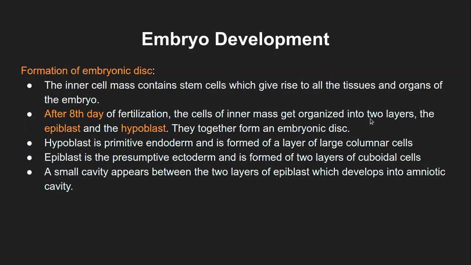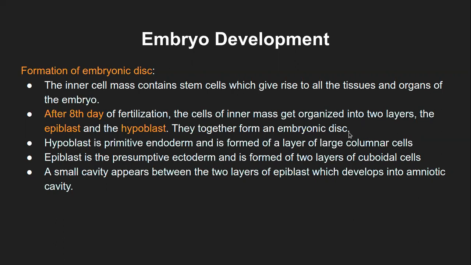Let's say there were 32 or even 64 cells, they will organize themselves into two layers within that trophoblast sphere. These two layers are called the epiblast, which is the outermost, closer to the trophoblast, and the hypoblast, which is the inner one, and they together form an embryonic disc.